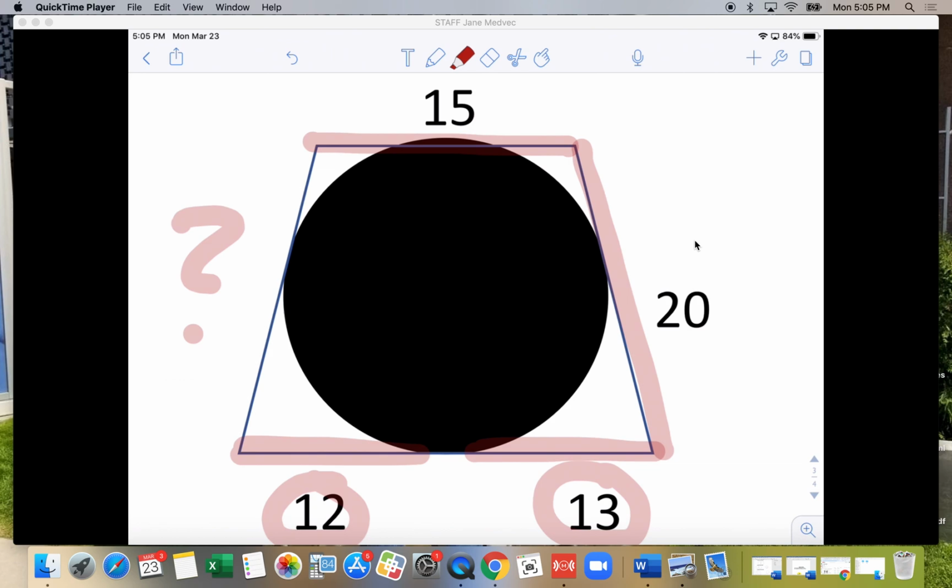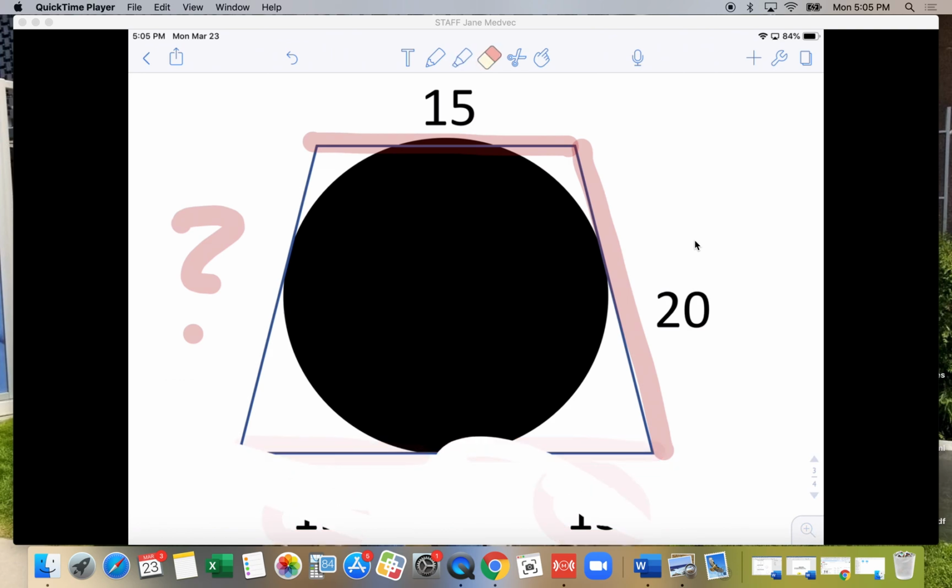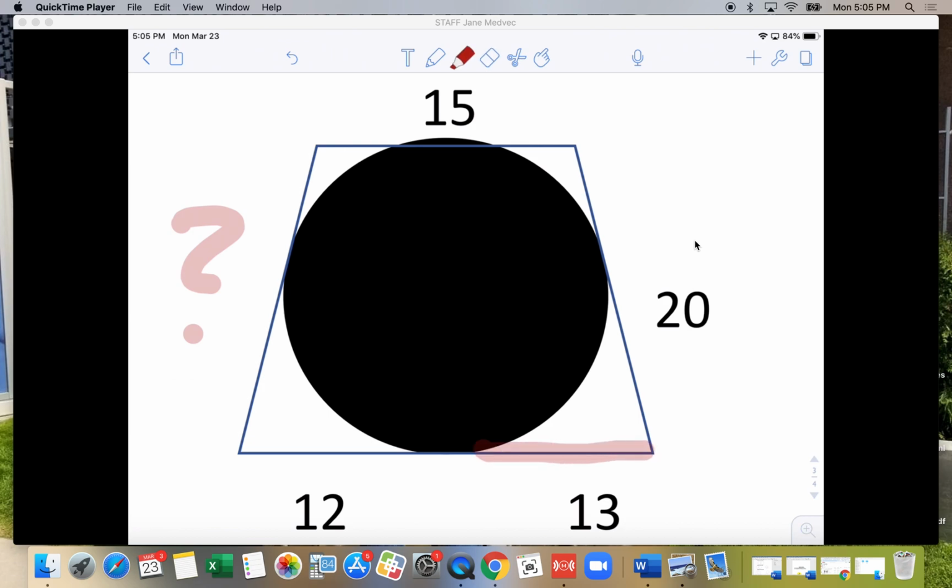Okay? So what we're going to do is use some of what we just learned. I know that this section from here to here is 13, and I know this section from here to here is 12. So really what I'm looking at is this whole bottom is 25 because 12 plus 13 is 25. But right here, this 12 piece is of interest to us.